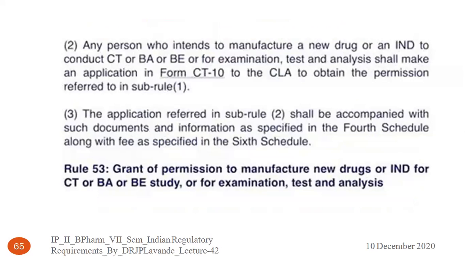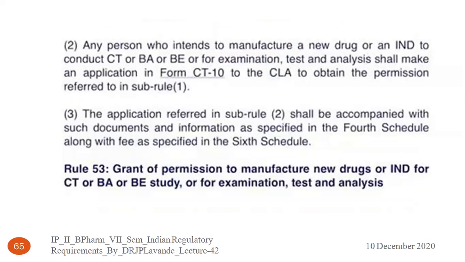The second point in Rule 52 says that any person who intends to manufacture a new drug or an investigational new drug to conduct clinical trial or BABE or examination, test, and analysis shall make an application in Form CT10 to the Central Licensing Agency to obtain the permission referred to in Sub-rule 1.